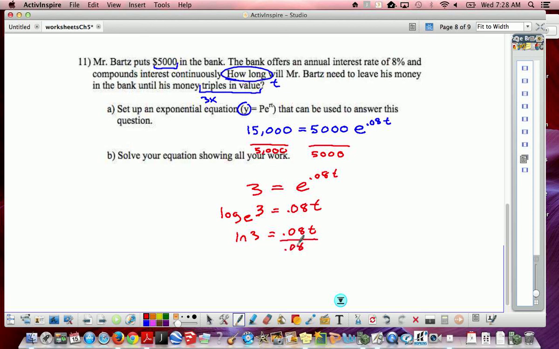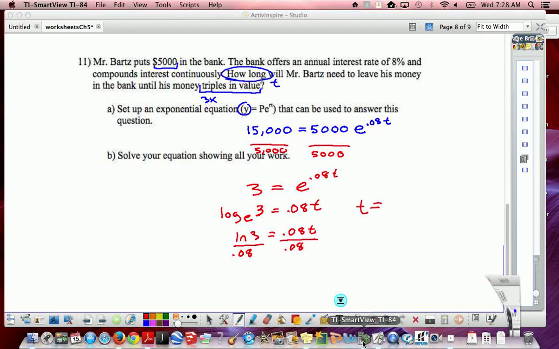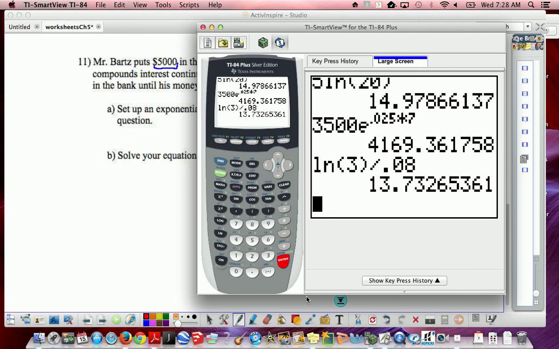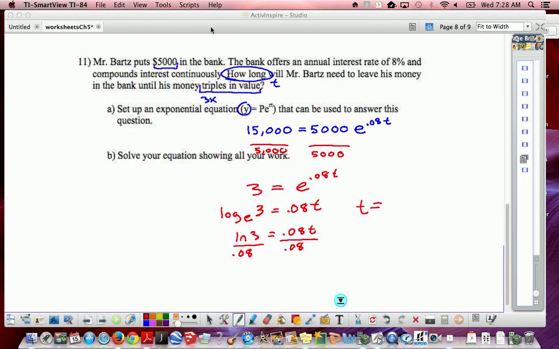Now we're going to divide both sides by 0.08, and I'll get my t value. Plug that in. Natural log of 3, close parentheses, divided by 0.08, equals 13.733 years.